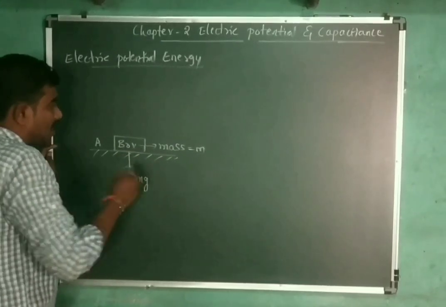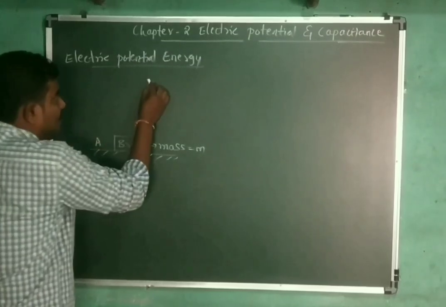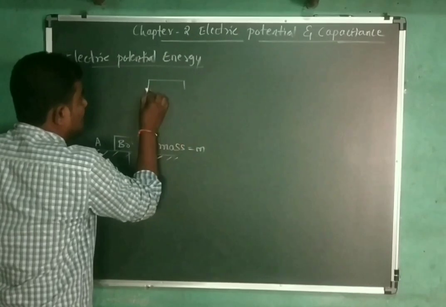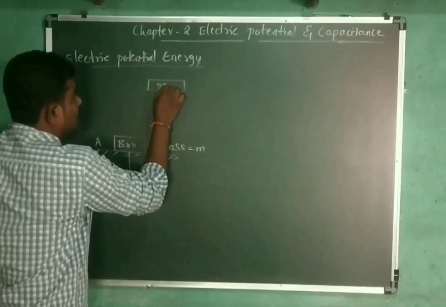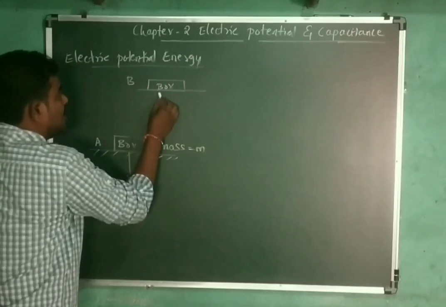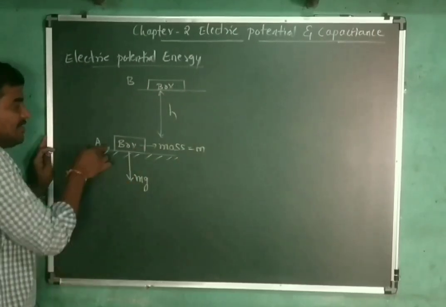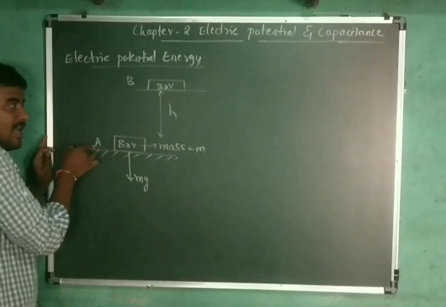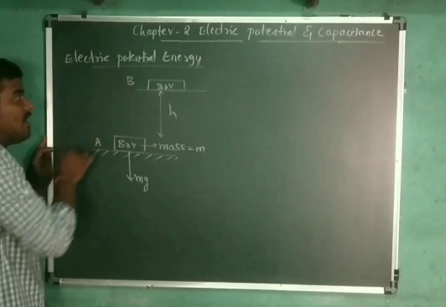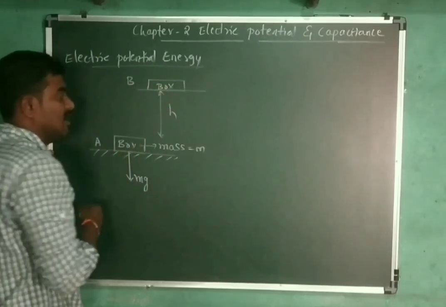And what I do is I apply force on this box and I place the box at this level. The same box is located at a height h from the surface of the earth. Initially the box was at location A, now the box is located at location B, at a height of h from the surface of the earth.